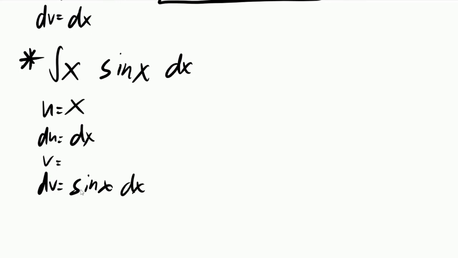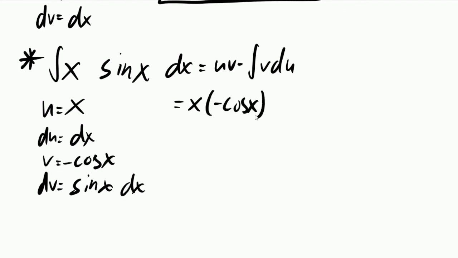Now we'll look for its integral, that is equal to negative cosine x. Now substitute uv minus the integral of v du. That is equal to x times negative cosine x minus the integral of negative cosine x dx. Now this is actually very easy.